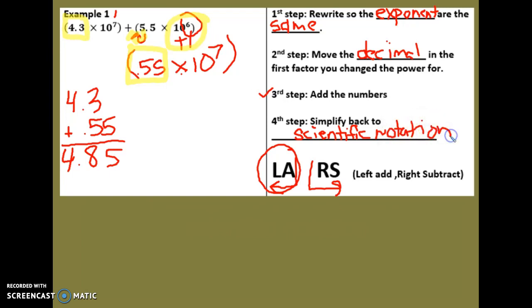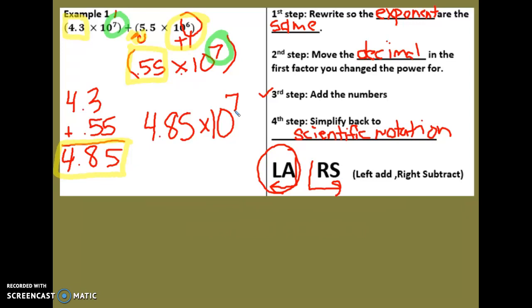In order to write it in scientific notation, we take the answer of adding, which was 4 and 85 hundredths. So we have 4 decimal point 85. It's always going to be times a power of 10, and the exponent that we used was the exponent of 7. So then our exponent in our answer will be 7.